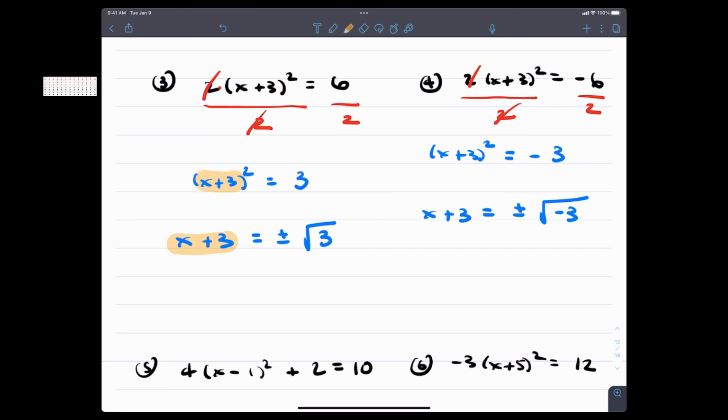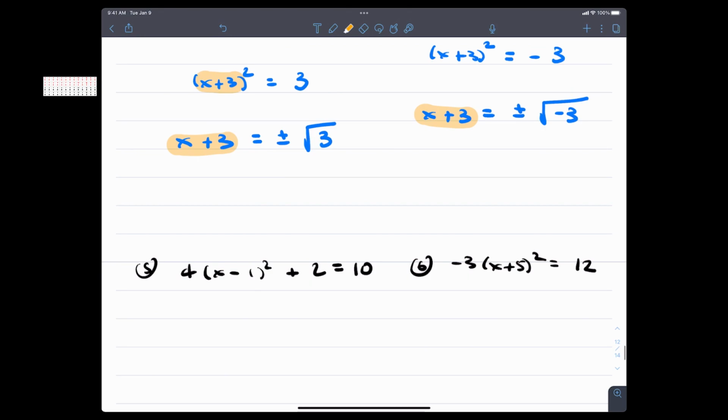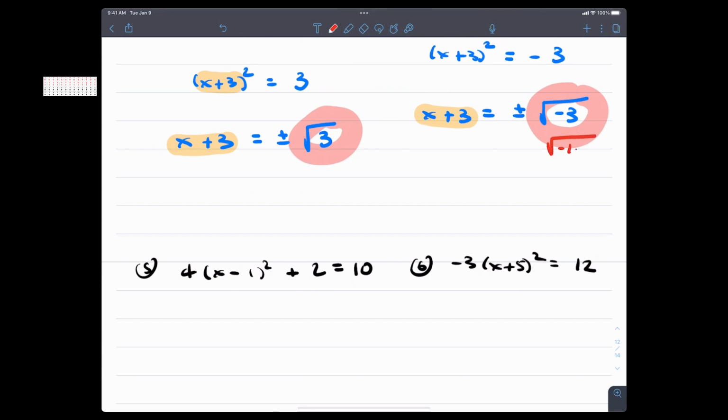Negative 3. Now, what do you guys notice about these radicals here? The square root of 3 is already simplified, but the square root of negative 3 is not. Right? You have to write that as negative 1 times 3. Square root of negative 1, square root of 3. This is i times square root of 3. So in other words, we know this one is the square root of 3 with the i outside here next to it. So make sure we always put the i at the end. Okay, you guys okay with that? You see that one there?